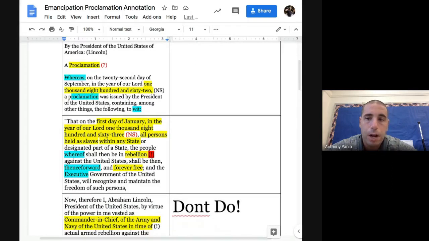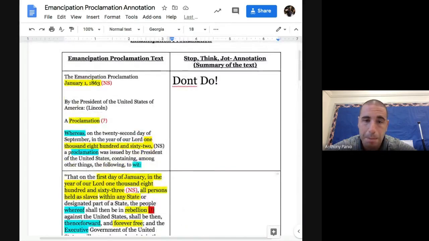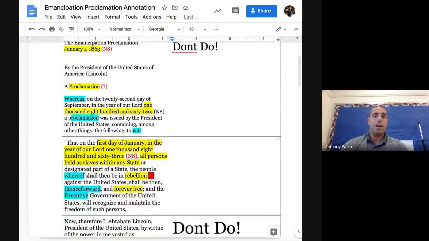All right? So now we have a box where we have to write what's called a stop, think, jot annotation. All it is is an in-your-own-words summary, a sentence or two, basically saying what does this mean in our 2020 8th grade language? I want to try and break it down that way.